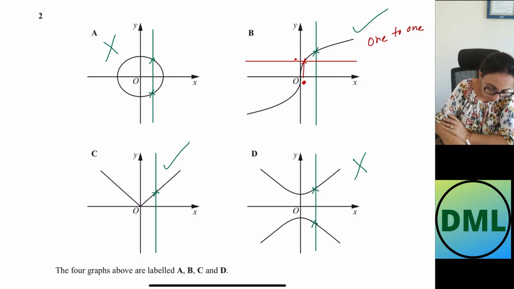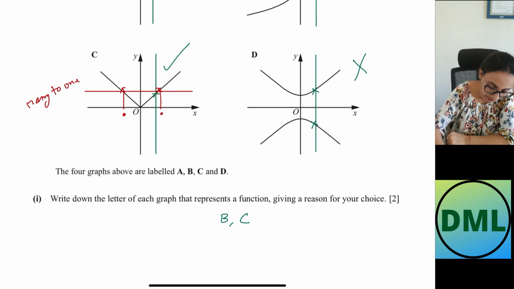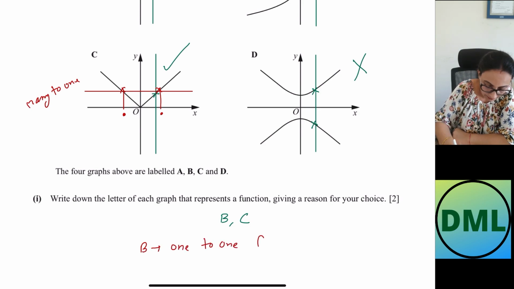If I draw the horizontal line here in the C graph, it cuts the graph at 2 points. For two values of x, I am getting one value of y. This one is a many-to-one function. The reason I picked graphs B and C is that B is a one-to-one function and C is a many-to-one function.